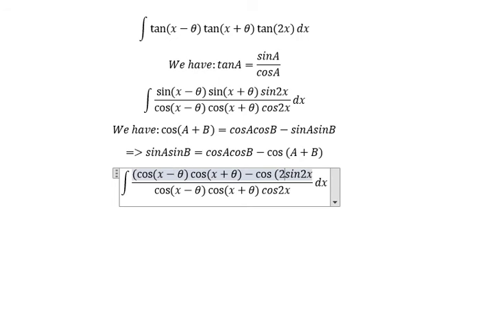So we have cos 2x in here. So we multiply with sin 2x in this one and cos 2x.